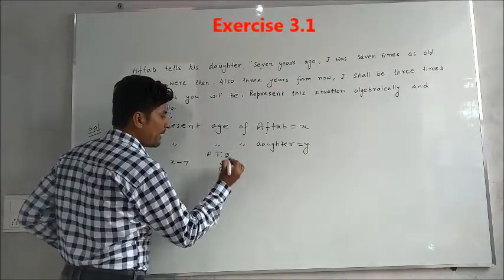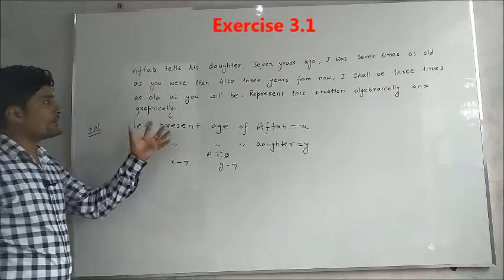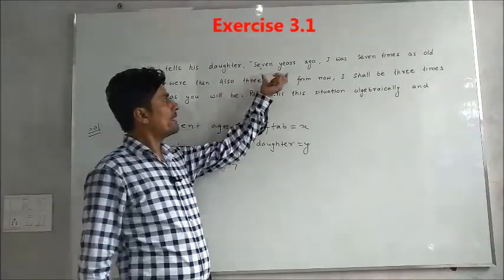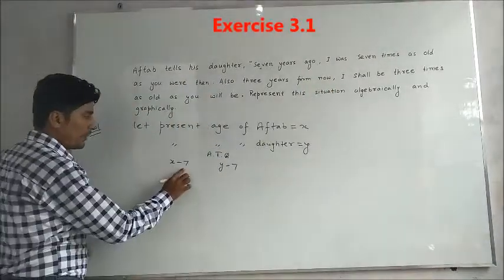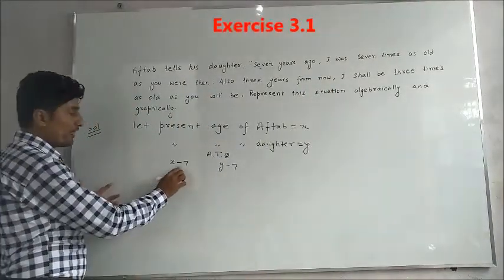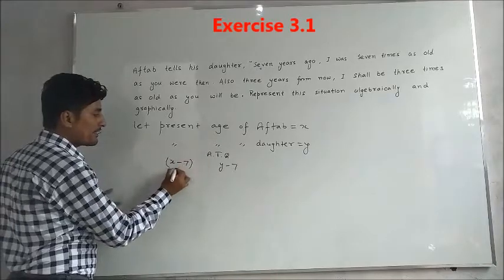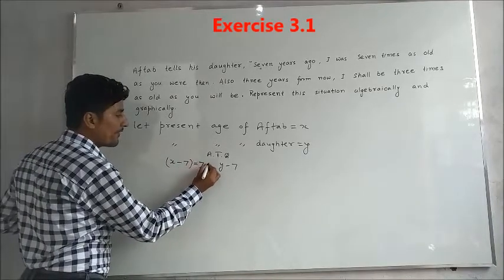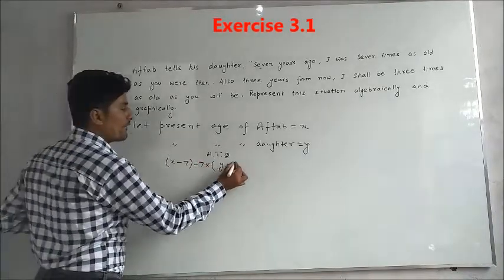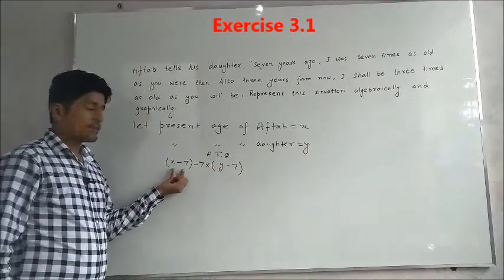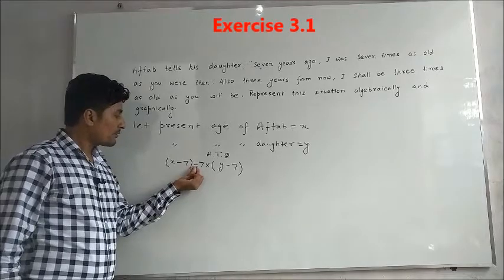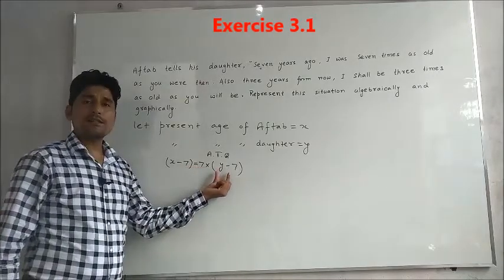Now, according to the question, it is already given 7 years ago the age of Aftab was 7 times. The age of Aftab 7 years ago was X minus 7. This age was equal to 7 times the age of his daughter.